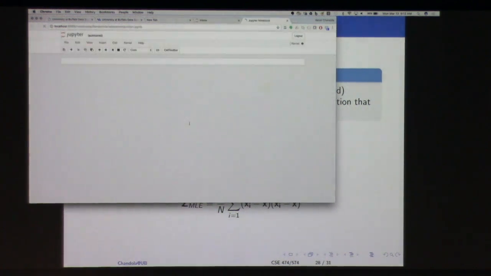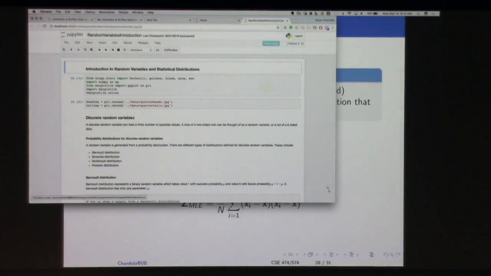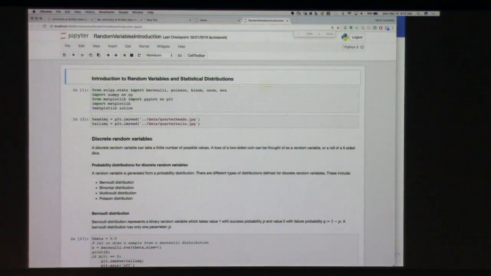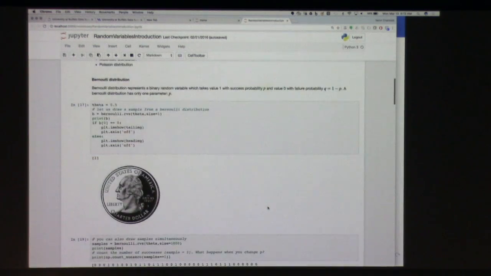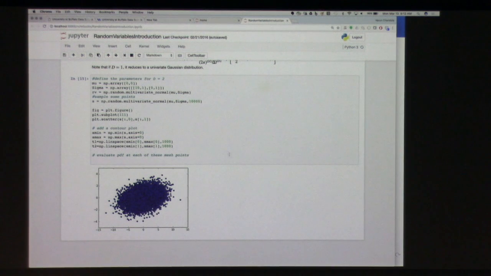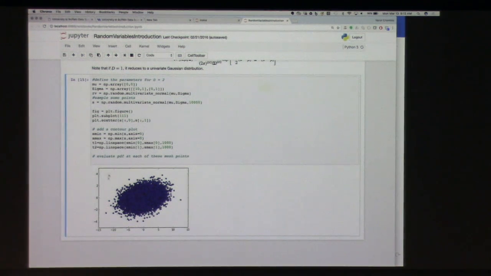It's called Random Variables Introduction, and there I have shown you how to use these different distributions. Here, these are samples being sampled from a two-dimensional multivariate normal distribution. So D is 2 here.